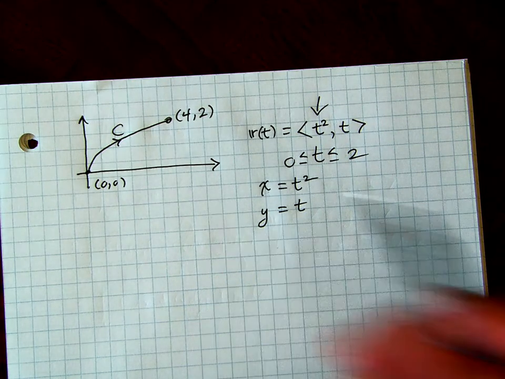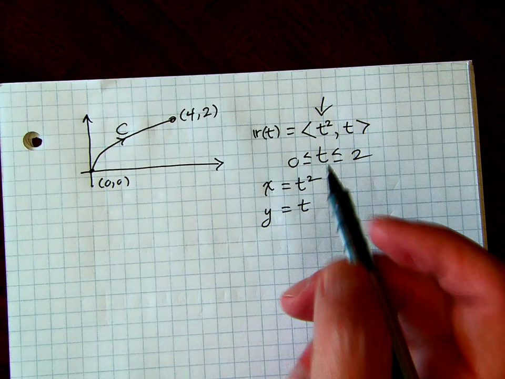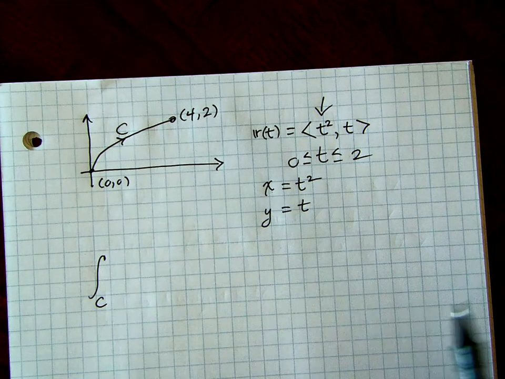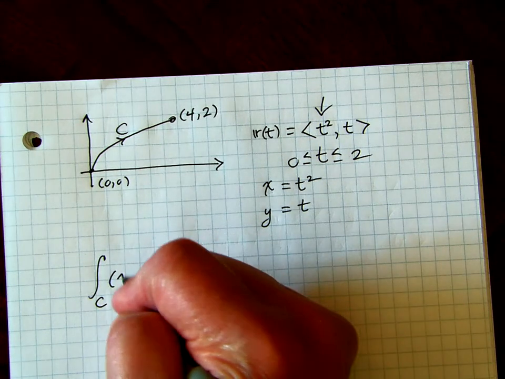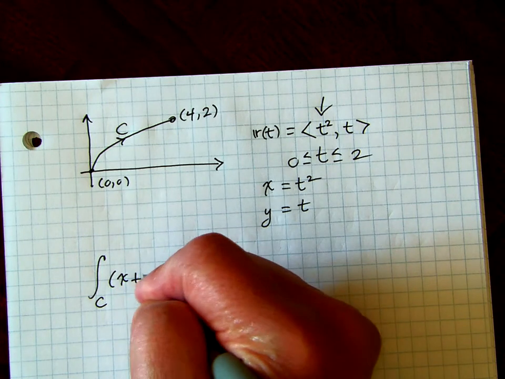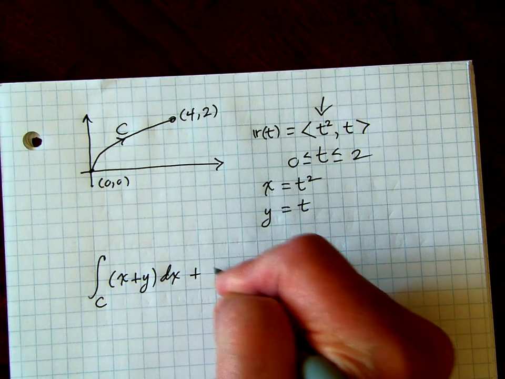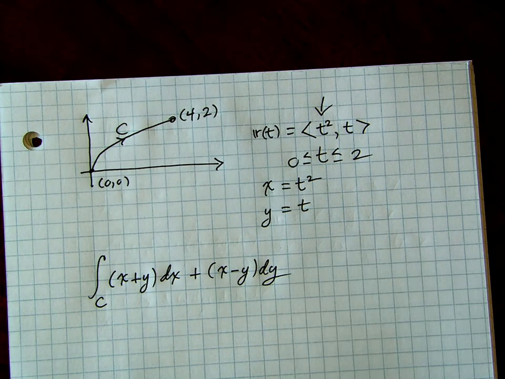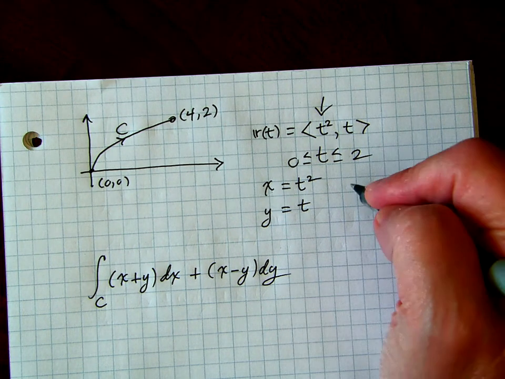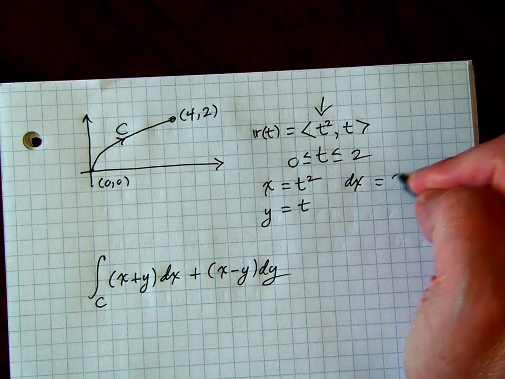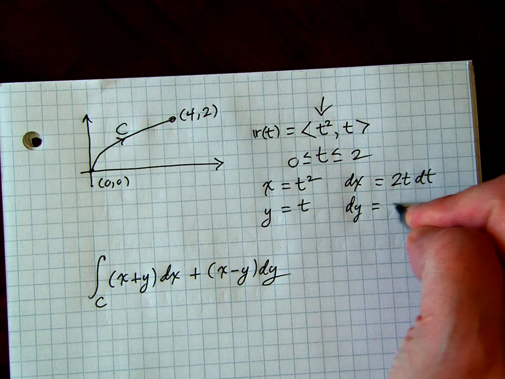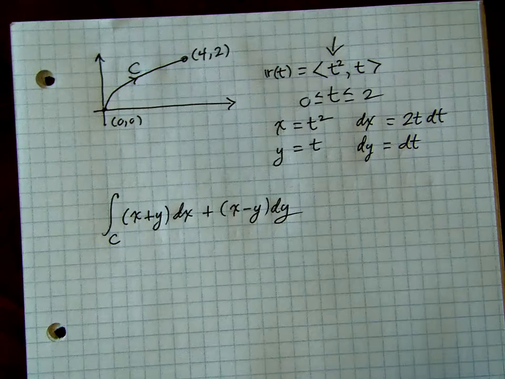And I'm arbitrarily going to pick a function to do. So over C, I'm going to do a two-dimensional line integral of (x plus y) dx plus (x minus y) dy. And we know dx is 2t dt and dy is just dt, so substitute away.